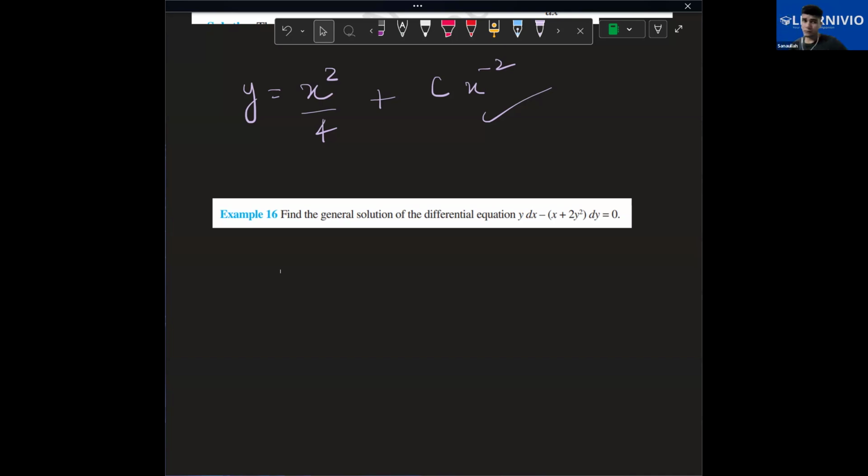Answer. Okay. What's the answer? x is equal to 2y square plus cy.